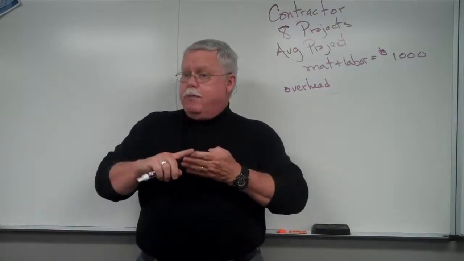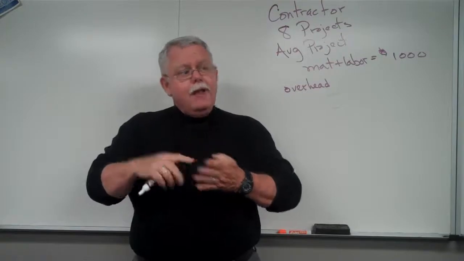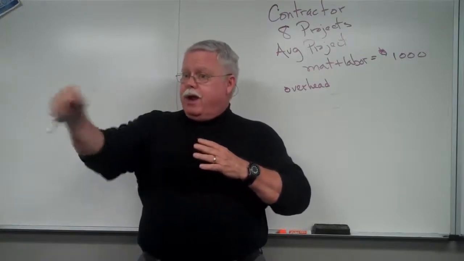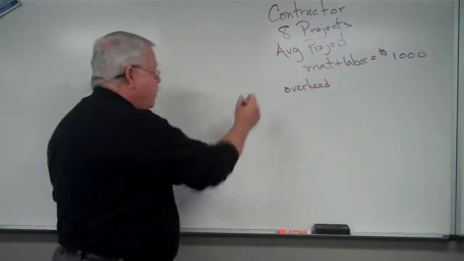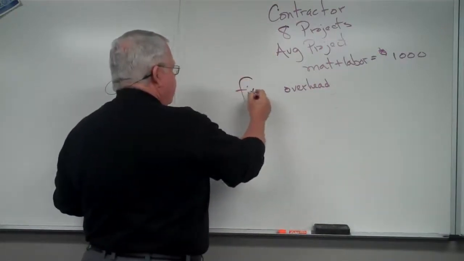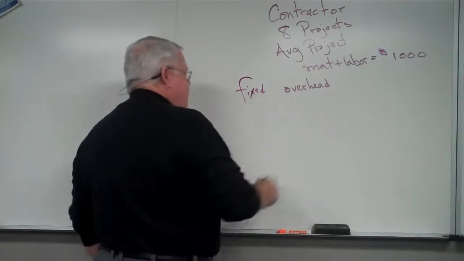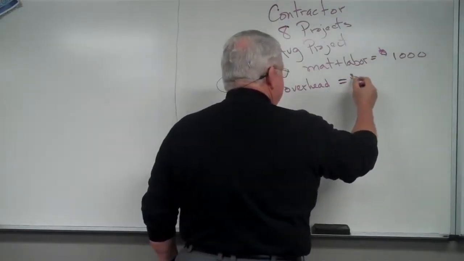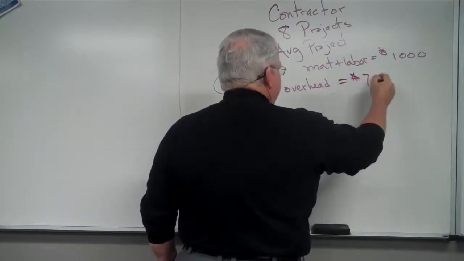Probably the salary I pay my office manager / bookkeeper / whatever else, and my salary if I'm not out working job to job. So I have this fixed overhead, okay? Let's say that everything added together, I figure that's costing me $70,000 a month.